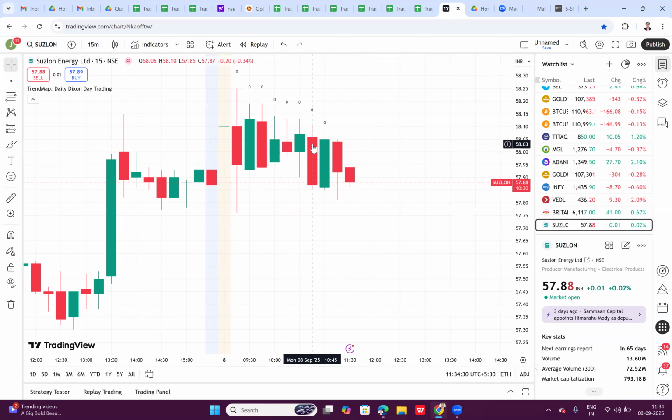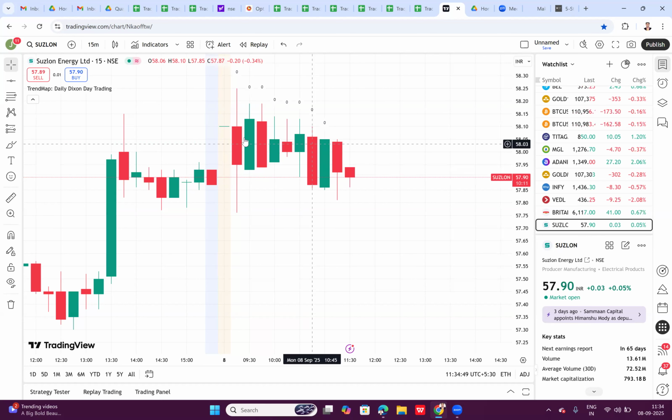0 plus 1 or 0 plus 2 is a setup. If on any two candles we get 0 plus 2, means we have a setup. If on any two candles we get 0 plus, means we have a proper setup. So the setup of Dixon indicator is 0 plus 1 or 0 plus 2, but 0 plus 0 is not.